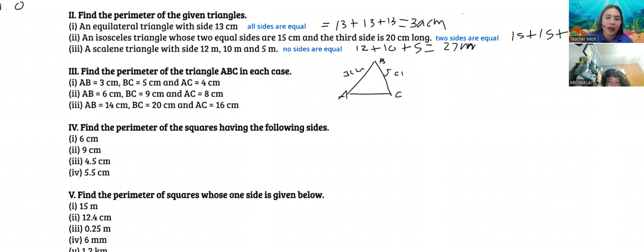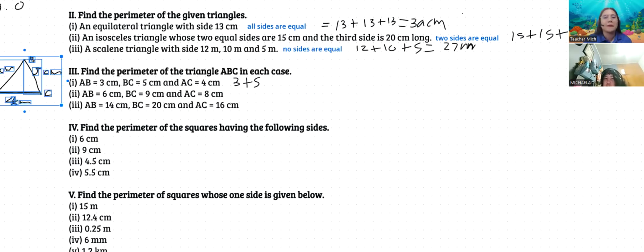So for us to get or to solve for its perimeter, what do we need to do with the sides? Okay, we just need to add them. Okay, very good.